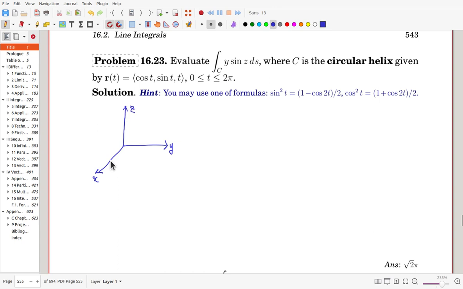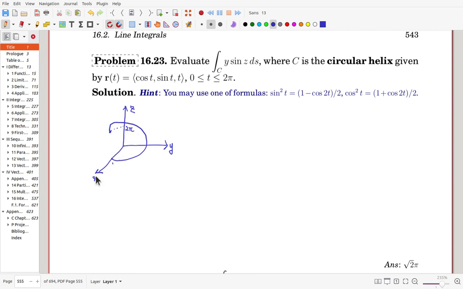So when it is turning around one circulation, the z value is increasing from 0 to 2 pi linearly, so we start from here, and that is 1, and then circulating, and it is increasing like that. So it is turning around and coming up. So the height here is now 2 pi, right?